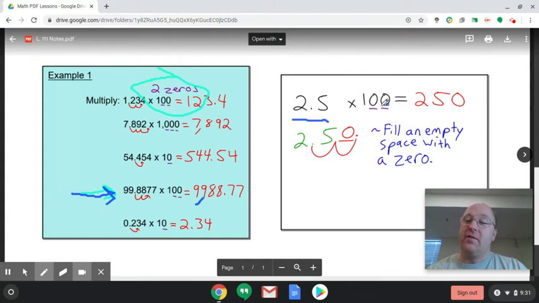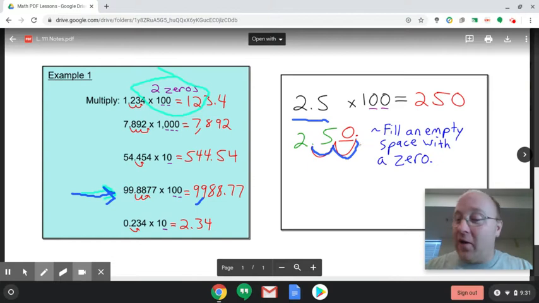So we count two zeros. So I moved over 2 spots. There was an empty space there. And hopefully you remember how many times in math class we said an empty space, we fill it with a 0. So we fill it with a 0. We end up with 250.